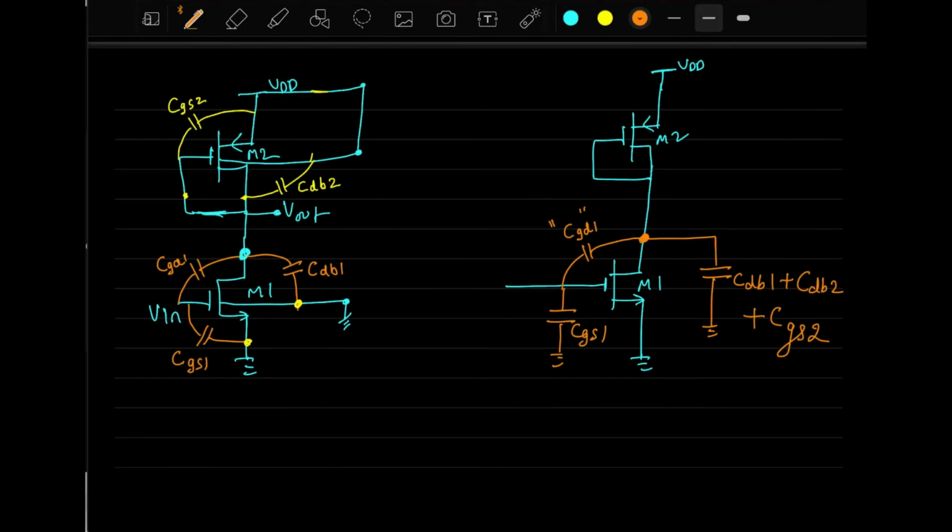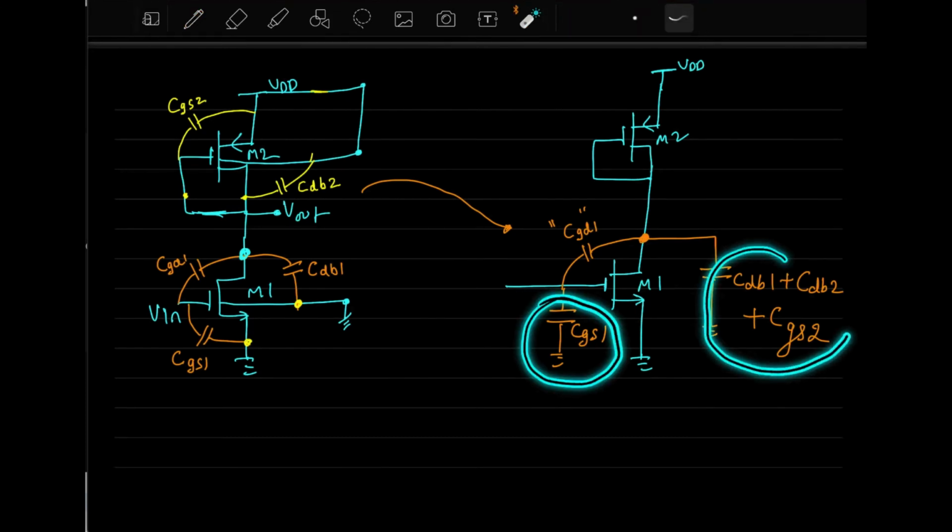So you can see now how the internal capacitances of this particular MOSFET are lumped together. Lumped together means added together and kept at one position. This position is the input position and this position is the output position.